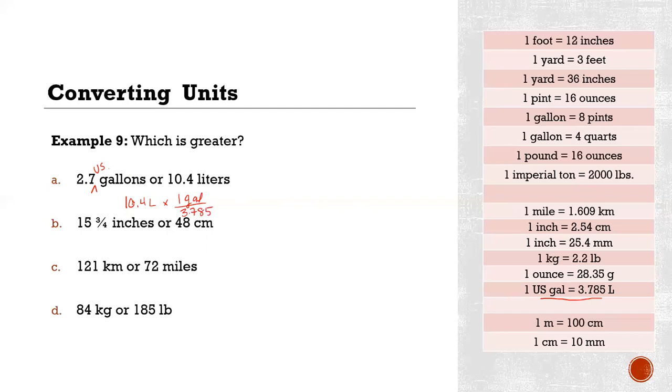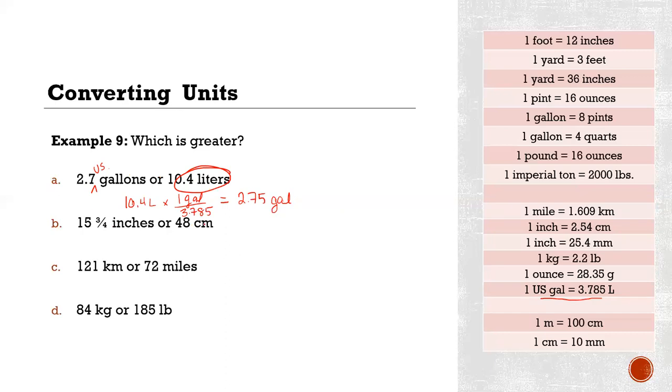So it's 10.4 divided by 3.785 leaves us with 2.75 gallons. So this one is slightly larger. It's very slightly larger, but that 0.05 makes it a little bit bigger.